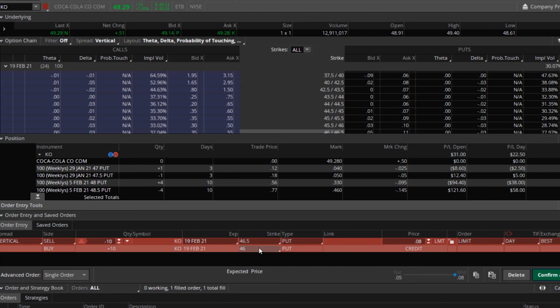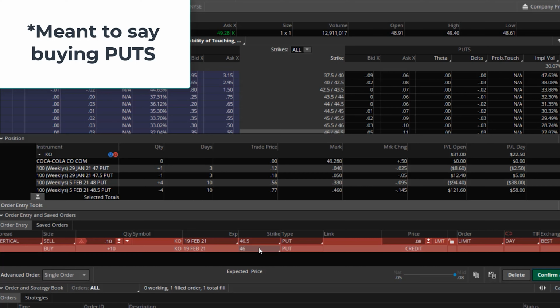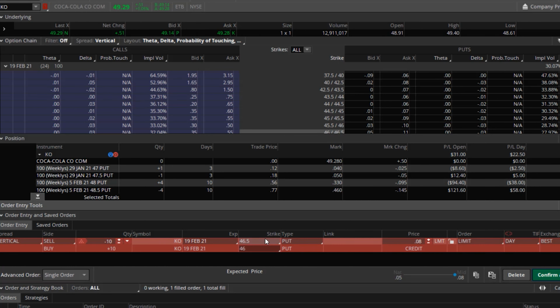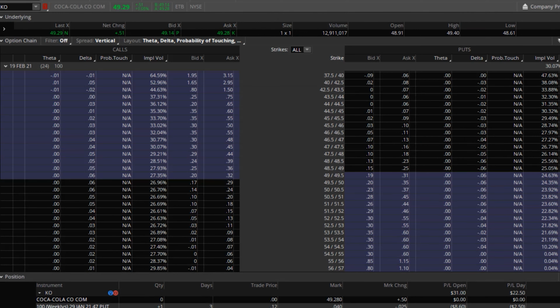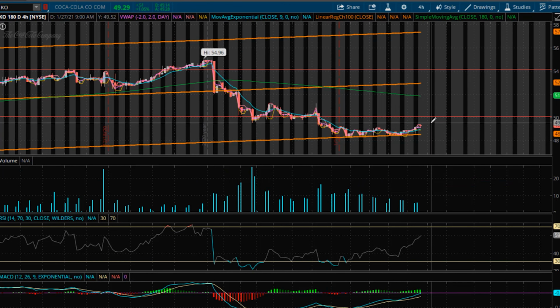But the reason why we're buying the other leg is because it limits our risk, right? So essentially you could just sell the put yourself and you would make good money by selling the put, but we buy the put version of it. The reason we're buying it is because we want to protect ourselves just in case for some reason Coca-Cola stock starts going down and goes below $46.50.